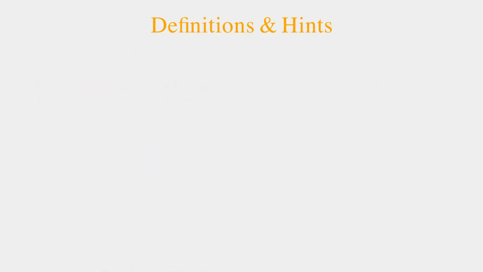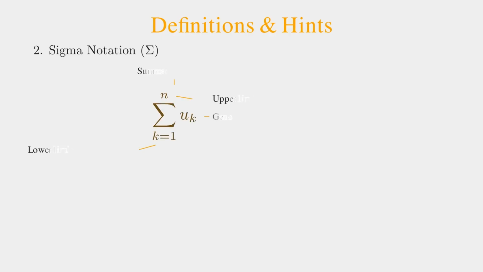Next, sigma notation. Represented by the Greek letter capital sigma, it is a concise way to express the sum of a series. The notation looks like this: sigma from k equals 1 to n of u_k, where k is our index, starting from the lower limit, usually 1, up to the upper limit, n, and u_k is the general term of the sequence.